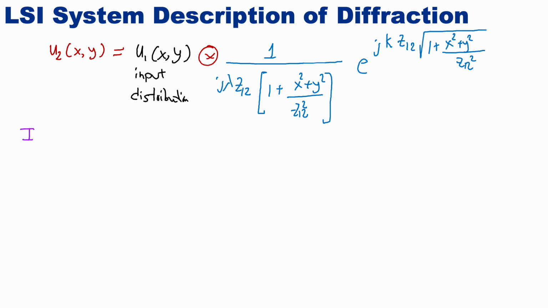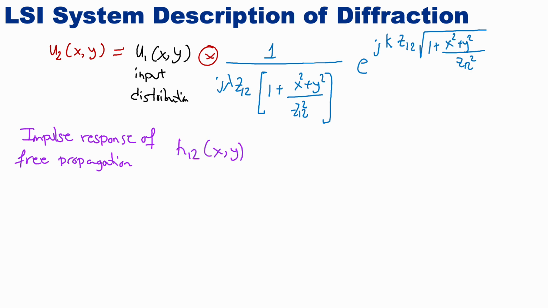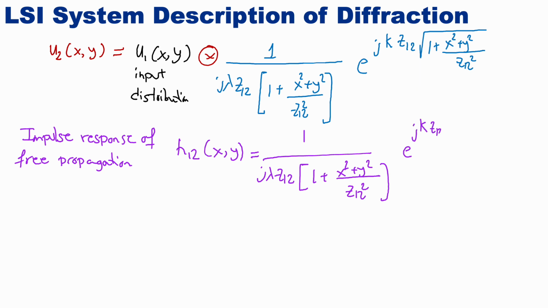So that means that our impulse response of free space, because the only thing we are doing is propagating the input, is going to be 1 over j lambda c12 times 1 plus (x squared plus y squared) over c12 squared, and then the exponential of jk c12 times the square root of 1 plus (x squared plus y squared) over c12 squared.